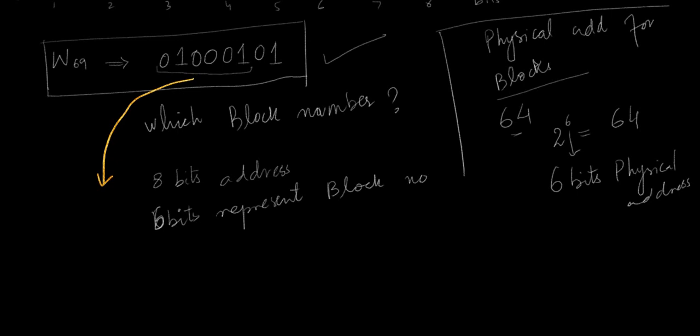So the first 6 bits are 0, 1, 0, 0, 0, 1. These 6 bits represent the block number, not the last 2. Now I'm not going to convert them exactly like I converted the words. The words were going up to 255, but my blocks are going up to 63.